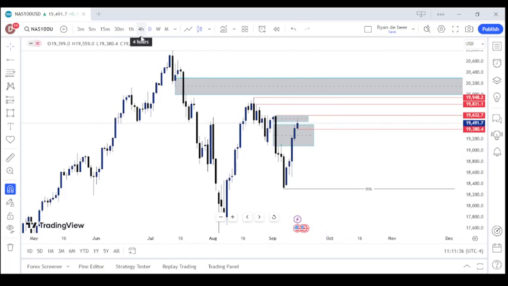So I've got my reasons for both ways. I just want to see what the market does, but my honest opinion is we push even higher into this daily bearish fair value gap as well.